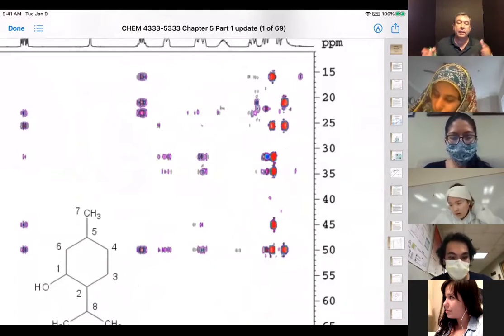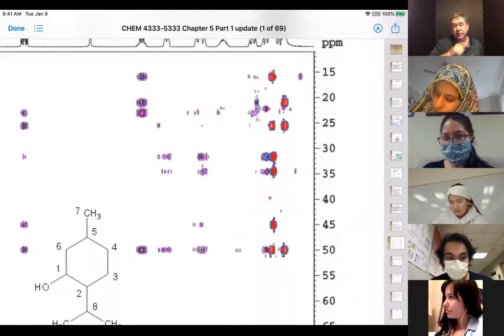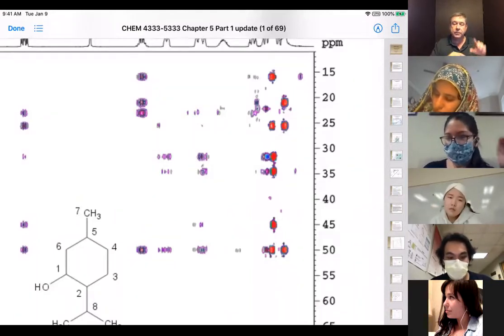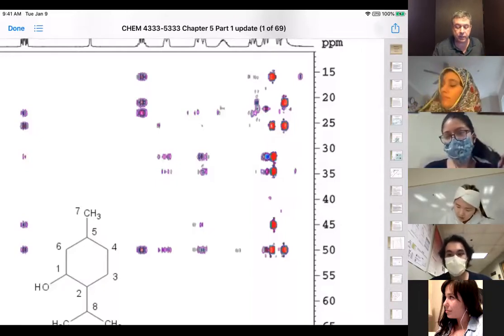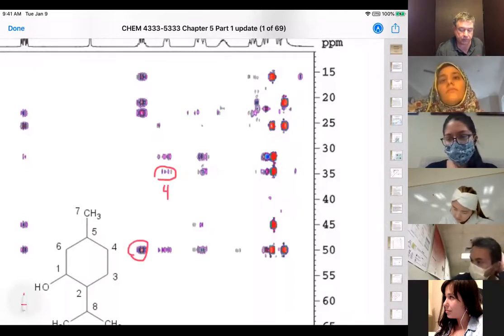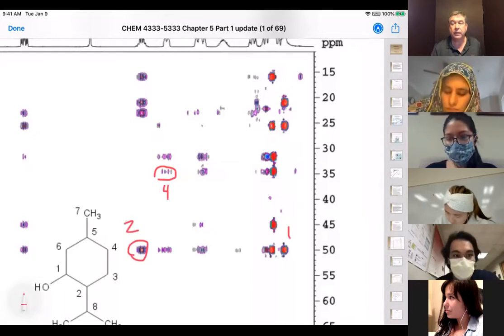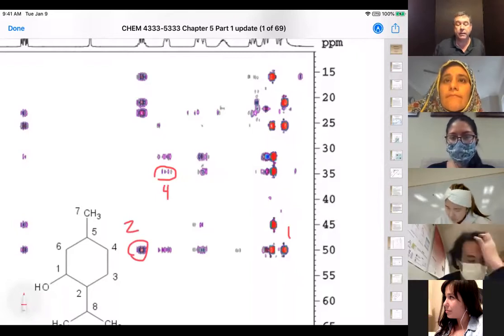And then the next most intense are going to be those 3 bond interactions, then the 2 bond interactions, the carbon going over 1. And then the least intense are going to be them going over 4. So this would be like a 4 bond interaction. This would be a 2 bond interaction. This is a 1 bond interaction. Okay. So the intensity becomes important when we start looking at that system.